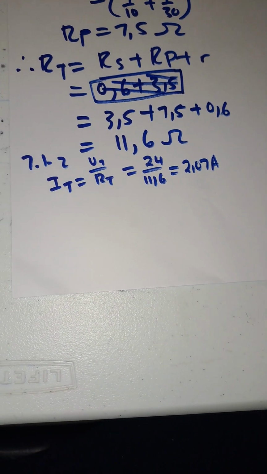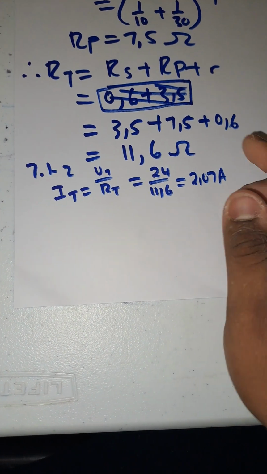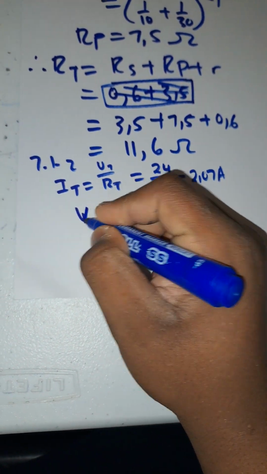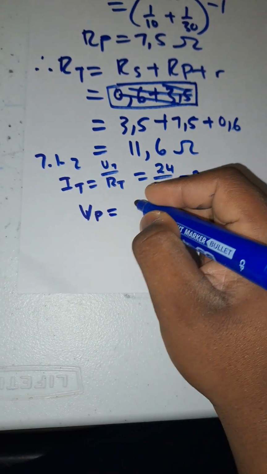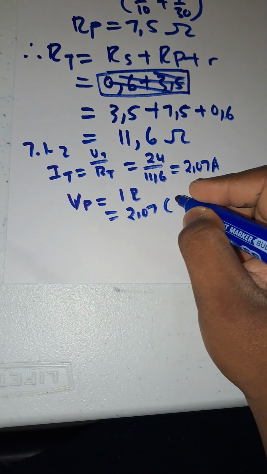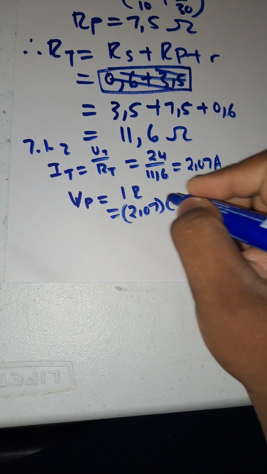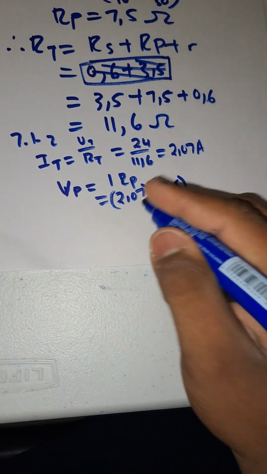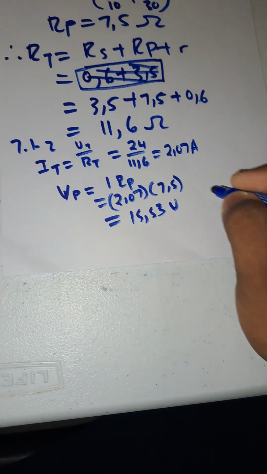That is the total current. But since I have this current, I'm allowed to calculate the voltage in parallel. So Vp equals IR, 2.07 times 7.5, because the resistance in parallel that I got was 7.5. This gives me 15.53 volts.